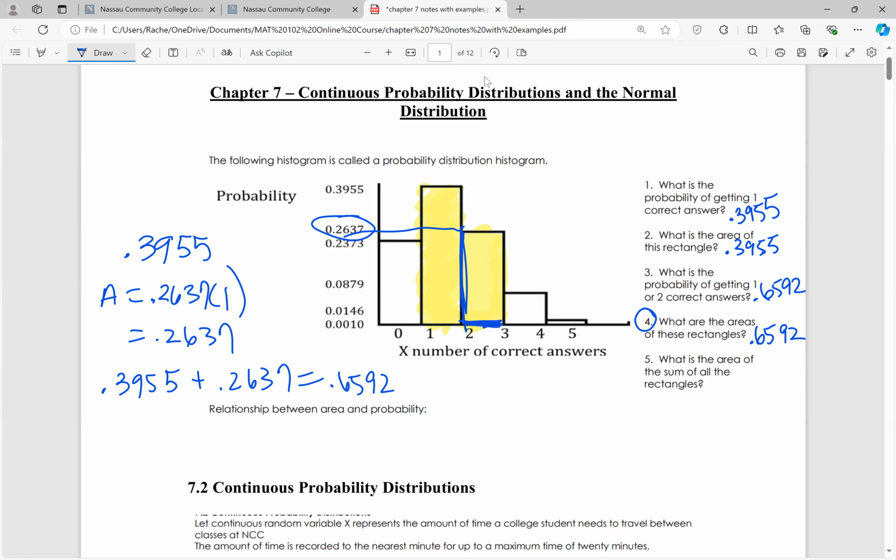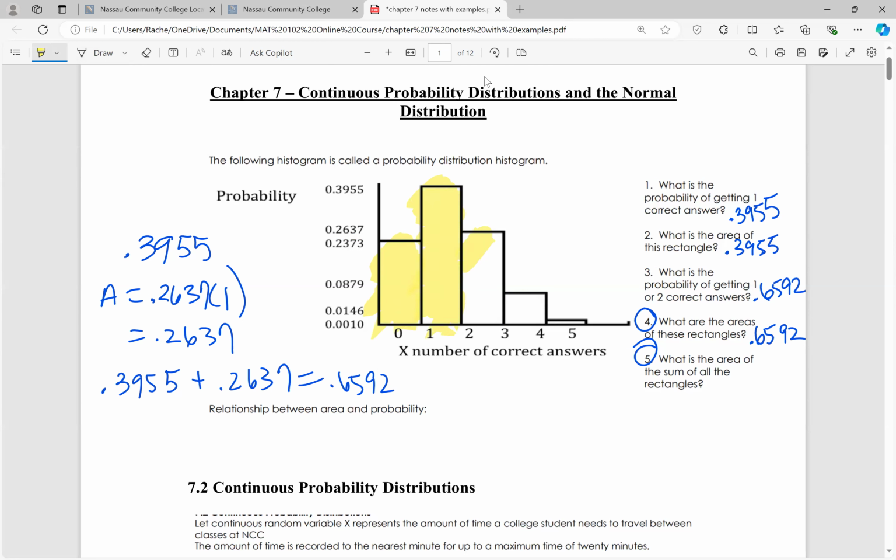And then let's answer one more question, and then we'll cover the relationship that I'm trying to have you guys see. So what if we were to take the area of the sum of all the rectangles? Well, the height of each rectangle is equal to its probability, right?